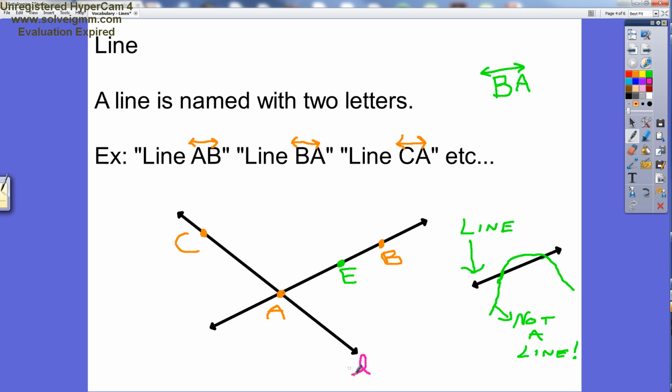Instead of calling a line by 2 points on the line, you can use this designation. So you could say that this is line CA or line AC, but you could also call it line L. And that's okay. You're never going to be required to call it one thing versus the other if you have a choice, but it's good to recognize when you've got one designation or another.